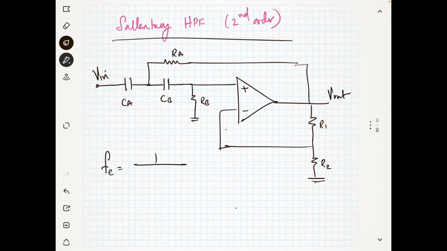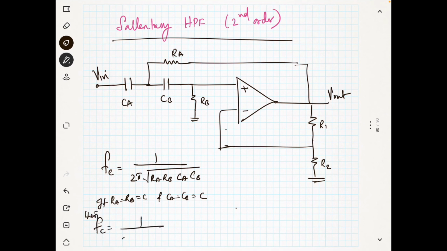Critical frequency is 1 by 2 pi square root of RA, RB, CA and CB. Okay, if RA equal to RB equal to R and CA equal to CB equal to C, then FC becomes 1 by 2 pi R into C.